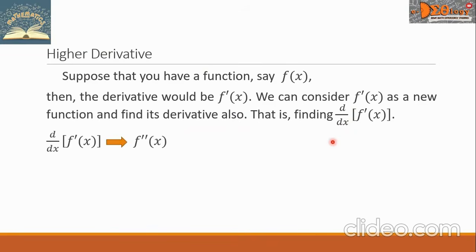This symbol here can be simplified into this symbol, and we read this as f double prime of x. And this is now considered to be the second derivative.